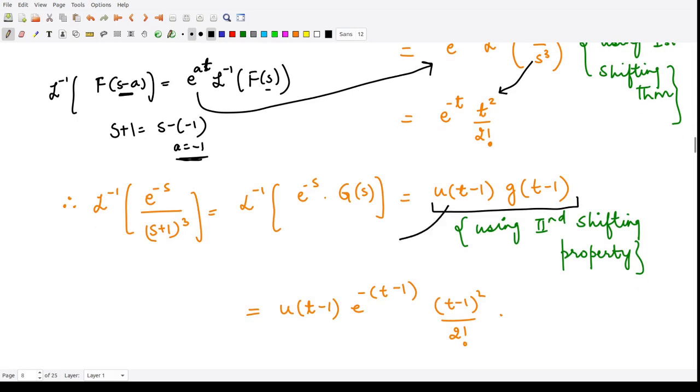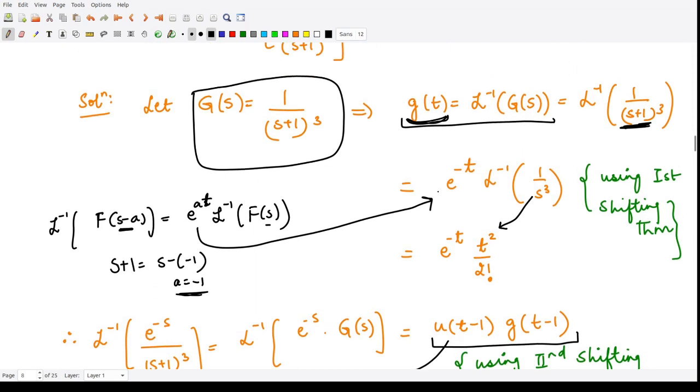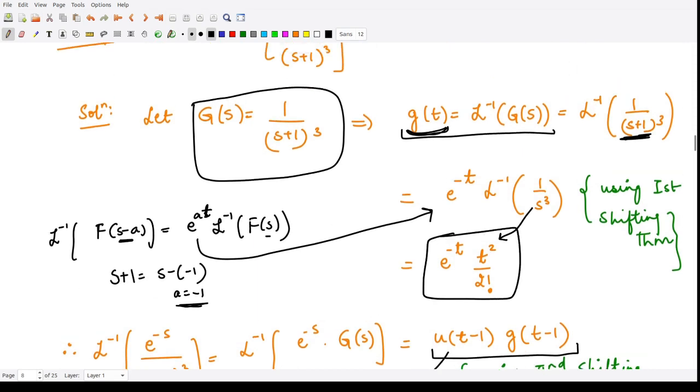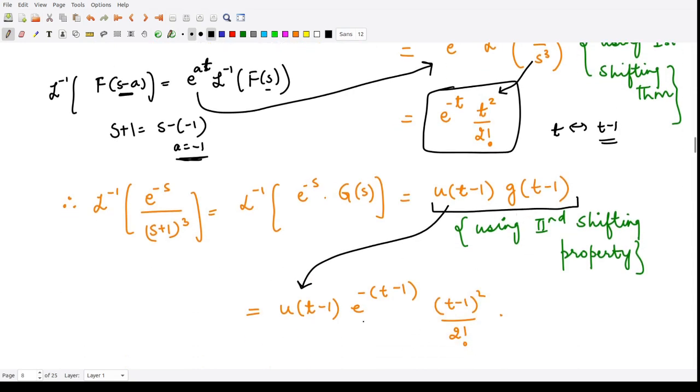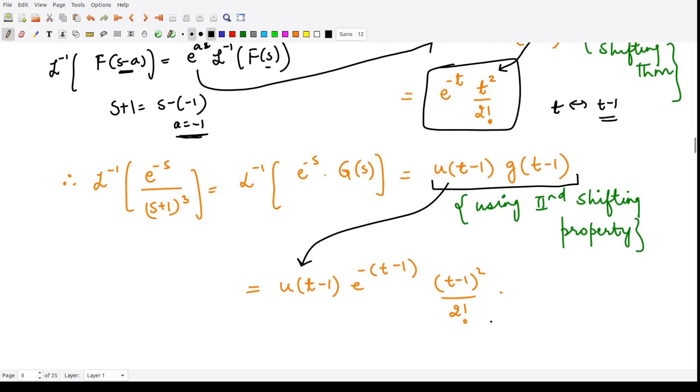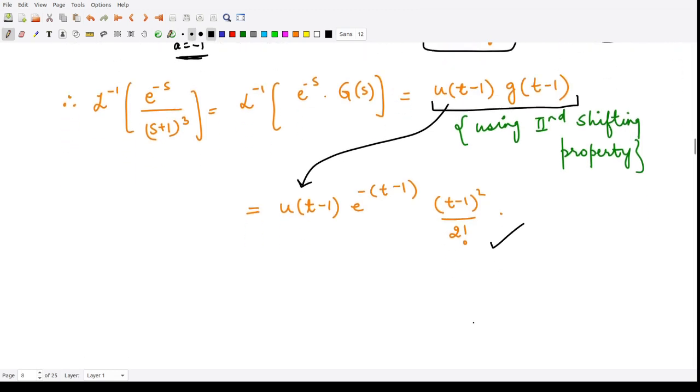So u of t minus 1 would come as such, and g of t we have just calculated. So we have to replace t with t minus 1 here. When you replace t with t minus 1, it becomes e to the power minus (t minus 1) into (t minus 1) whole square divided by 2 factorial. So this is the final answer.